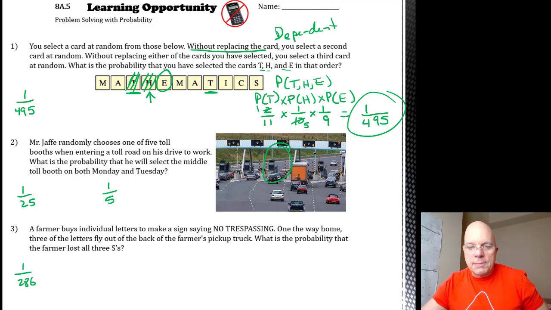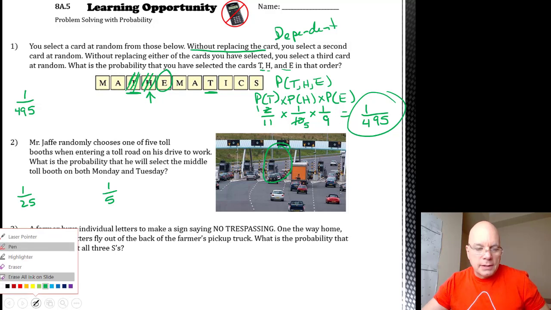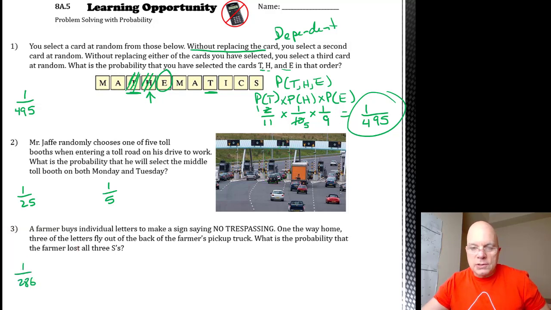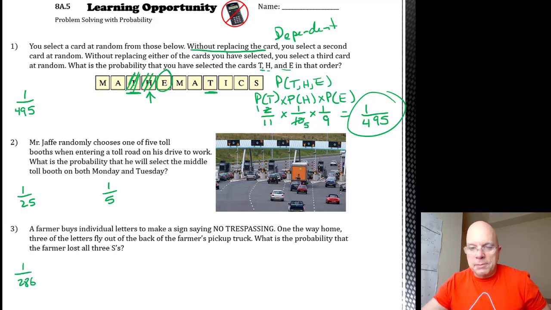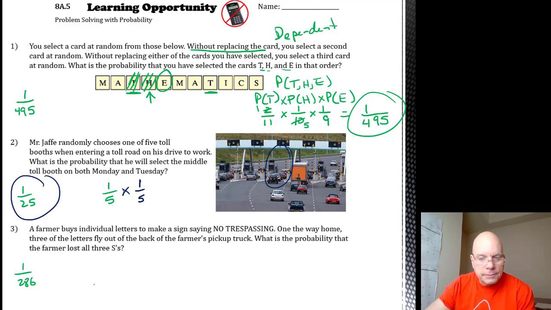When he drives up on Tuesday, the fact that he picked the middle lane on Monday does not influence his probability of picking the middle lane on Tuesday. It should be equally likely if he's randomly picking a lane. So there's again a 1/5 probability. Those are independent events. When you multiply a 5th by a 5th, you get 1/25th.